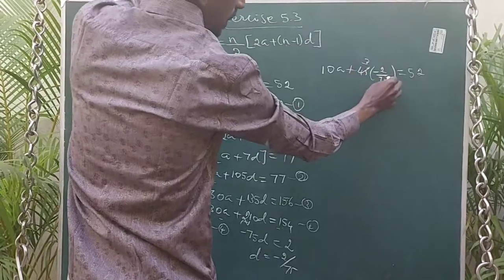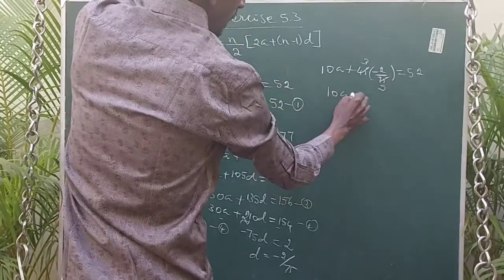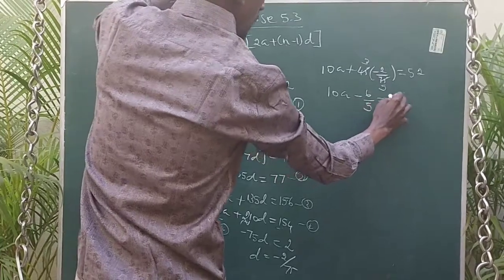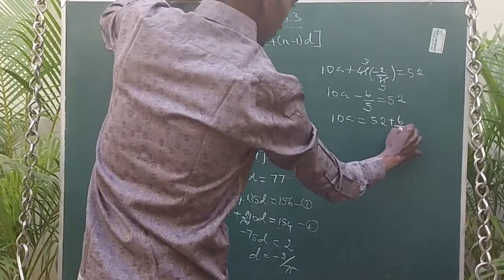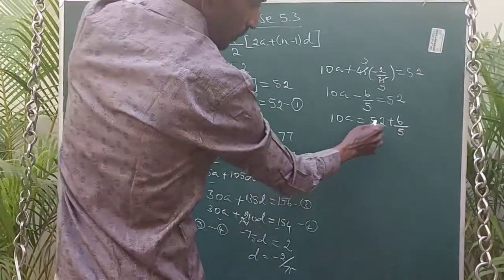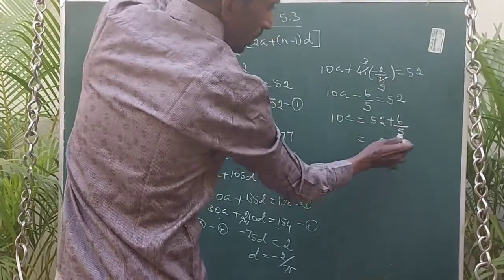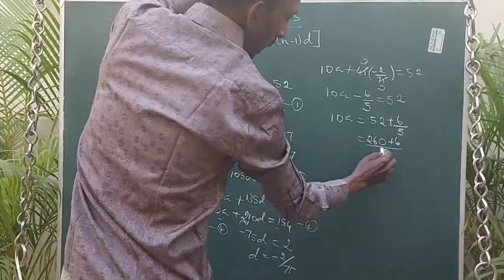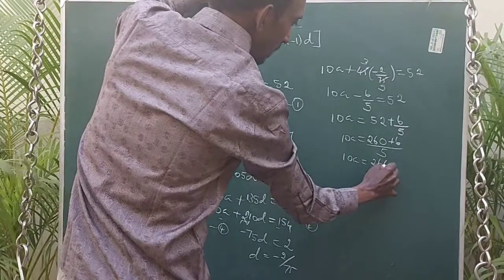So 3 times, and here 5 times. 10a minus 6 by 5 equal to 52. 10a equal to 52 plus 6 by 5. If we take the LCM, we get 266 by 5, so 10a equal to 266 by 5.